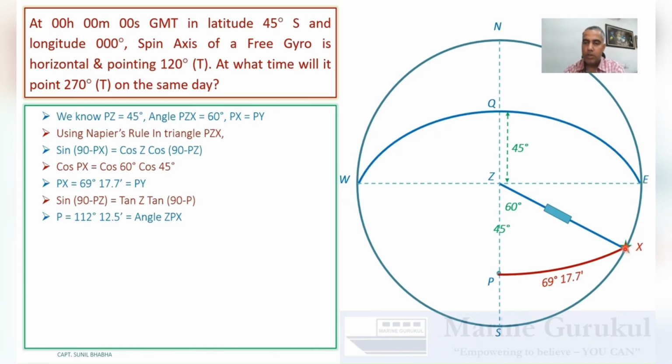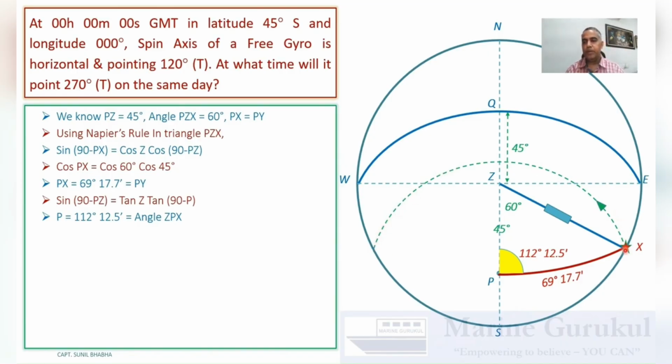So let's mark the declination circle of this particular gyro star, centered at the pole, parallel to the equinoctial. We have the declination circle of the star coming up in the diagram.